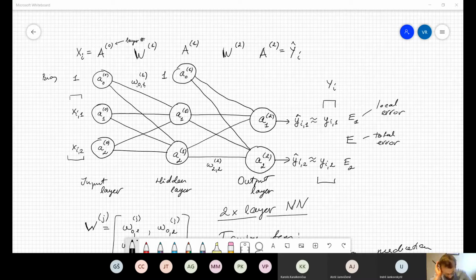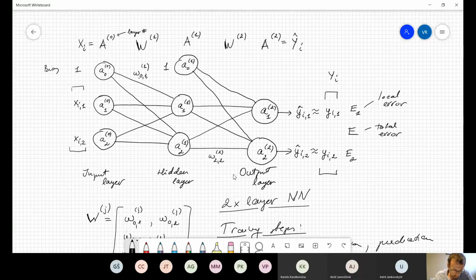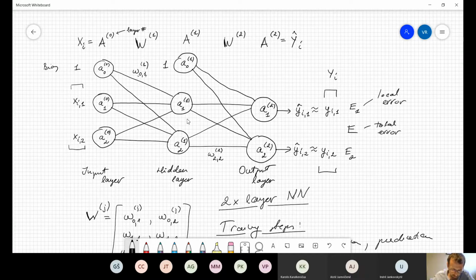So basically, we talked about the toy neural net. This is it, and the toy neural net basically has a couple of layers. So two layers have associated weight matrices. We have activation number 0, which is equal to the input vector.